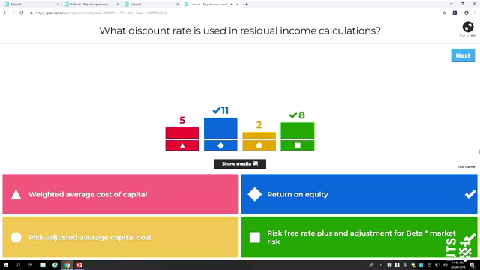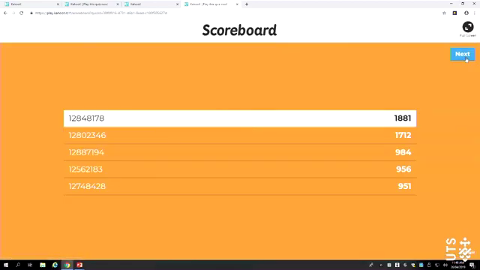Return on equity, which is a different way of estimating the same thing.